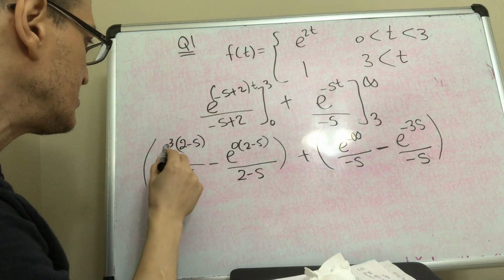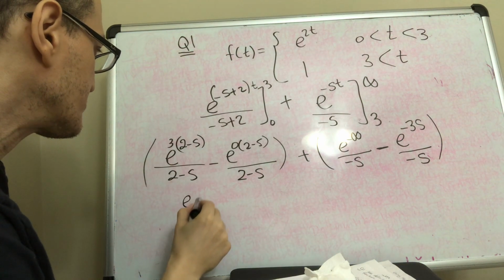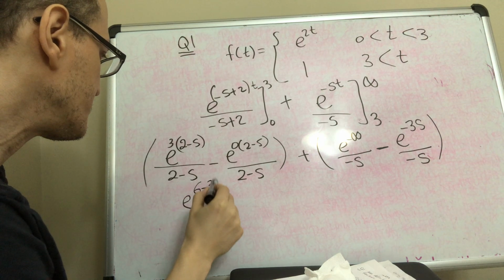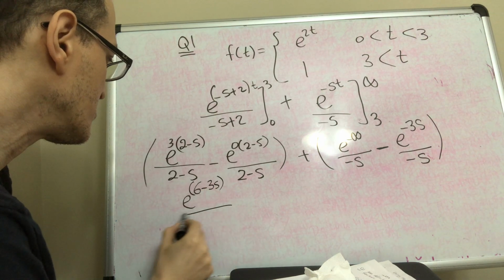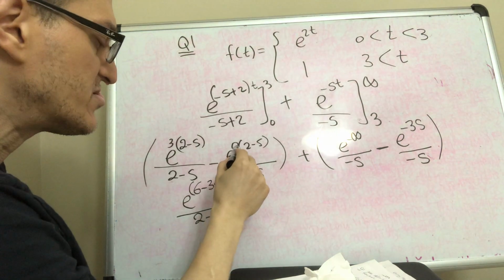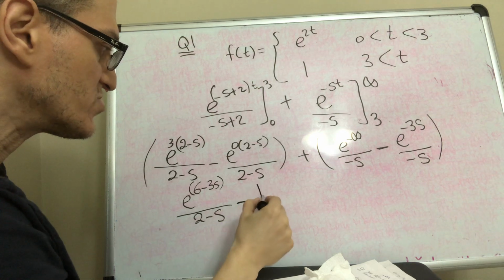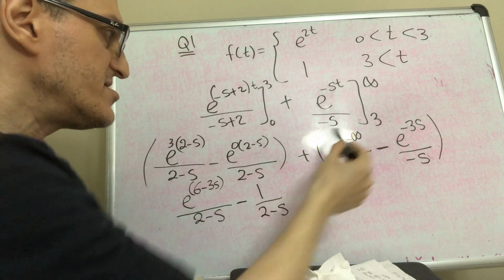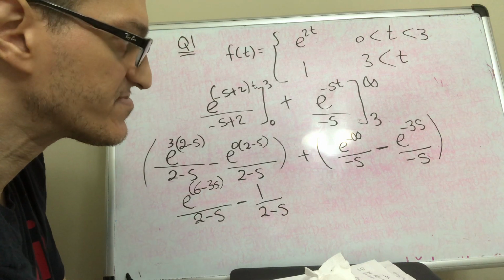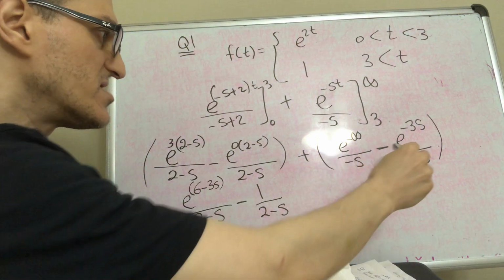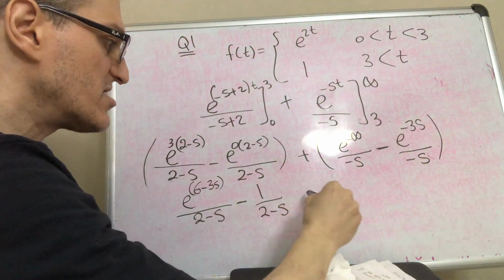Now you can take the 3 inside, so that would be 6 minus 3s over 2 minus s, and e to the 0, you know, is 1. e to the minus infinity is 0, and minus minus becomes plus.